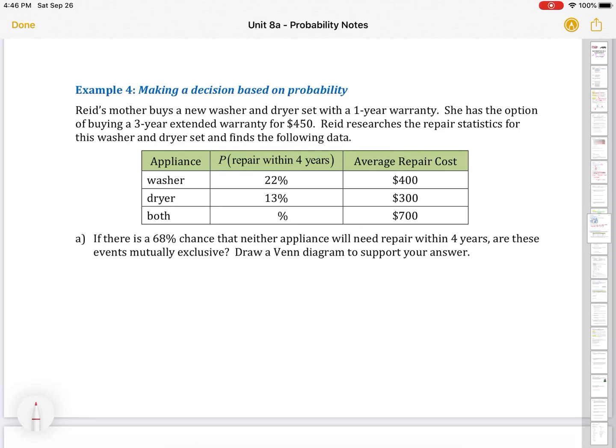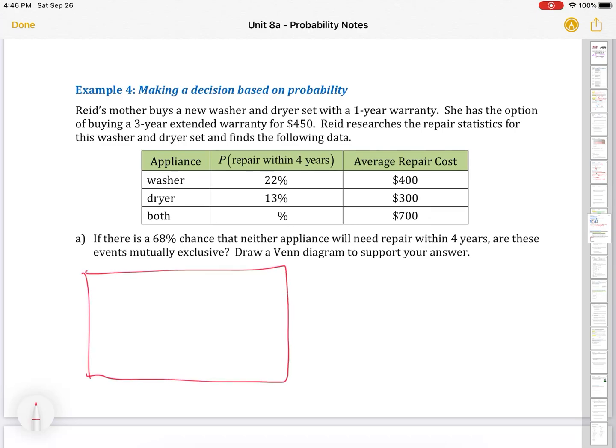So he finds that the probability of repair within 4 years for a washer is 22%. For a dryer is 13%. And the average repair cost for the washer is $400. Average repair cost for the dryer is $300. And if both of them break, the average repair cost is $700.